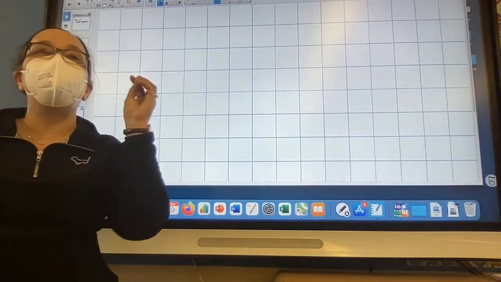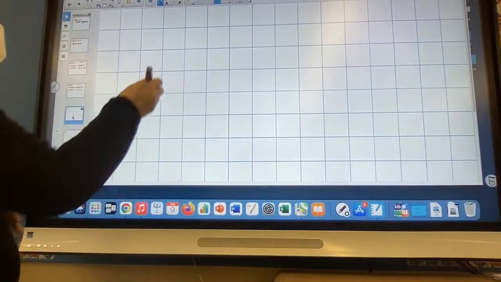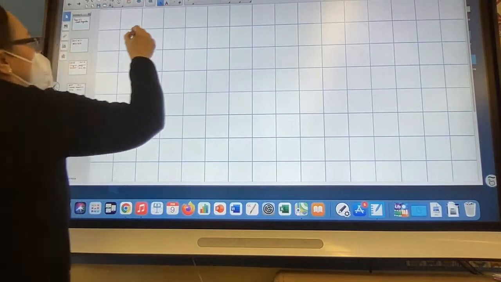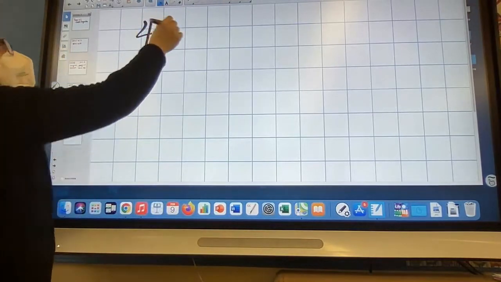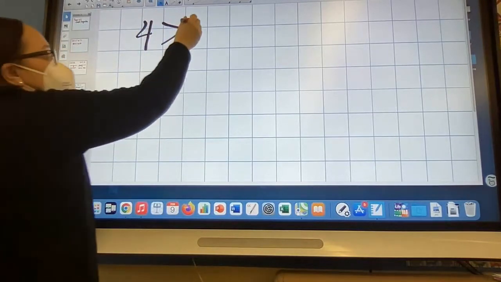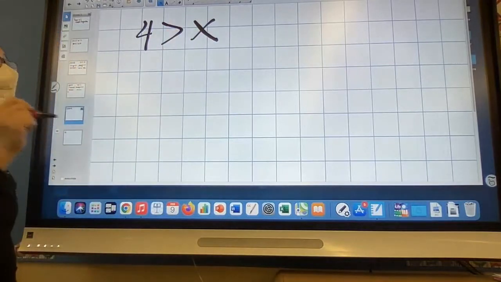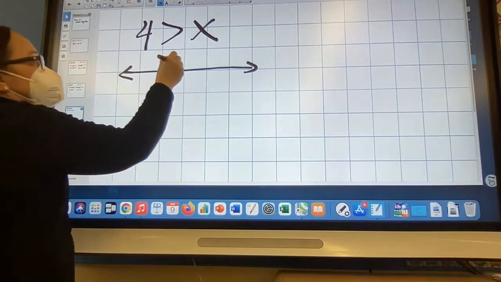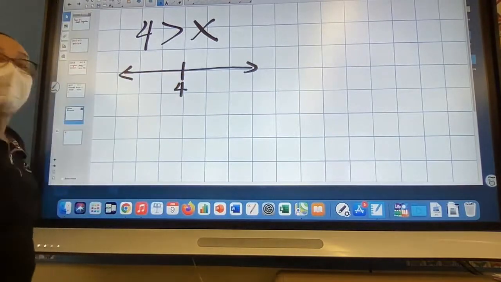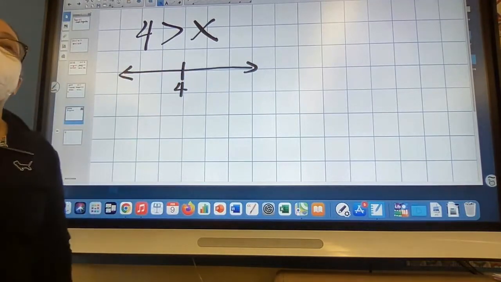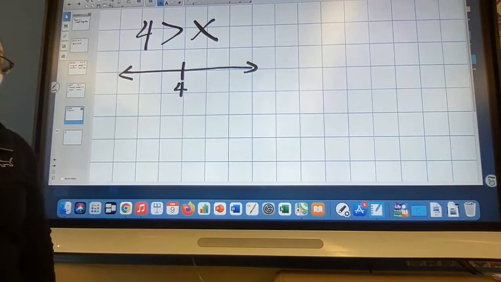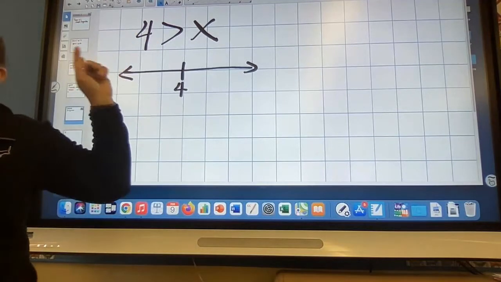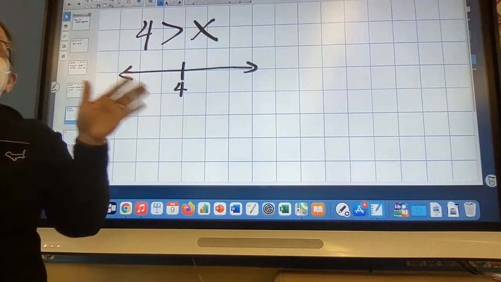Yes, question, go. First, the left side to the right side. So left side, I have 4 is greater than x. If that's the scenario, you really have to read the situation because it says 4 is greater than x.